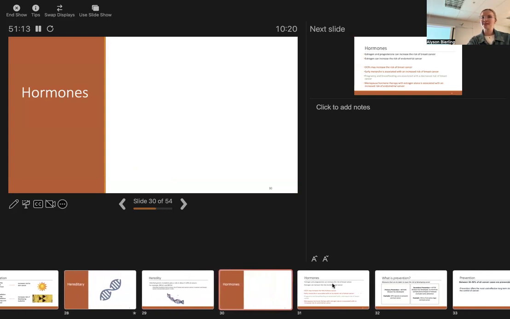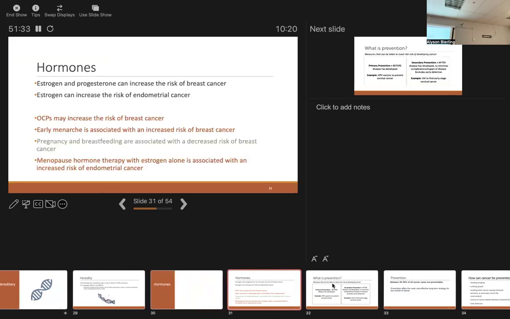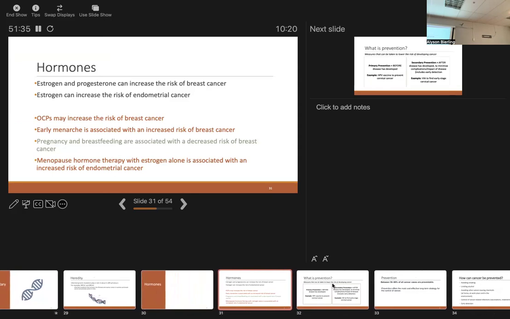All right, hormones. So what hormones do we think contribute to cancer risk? No? All right, that's okay. Estrogen and progesterone can increase the risk of breast cancer, and estrogen can increase the risk of endometrial cancer.